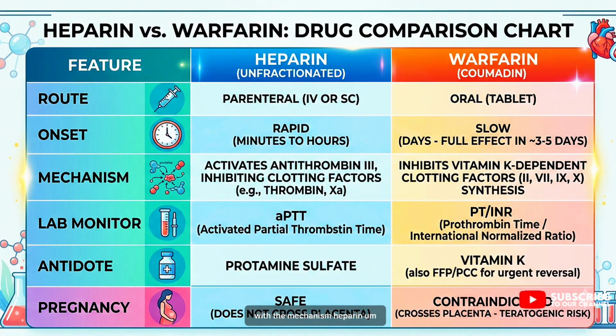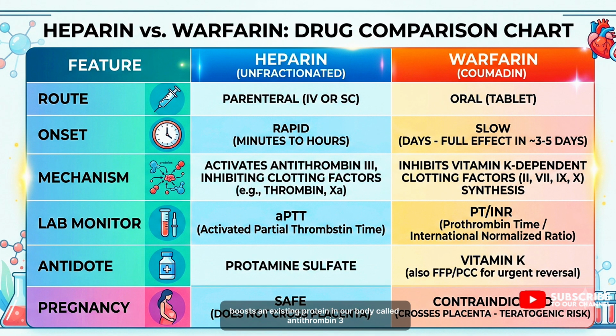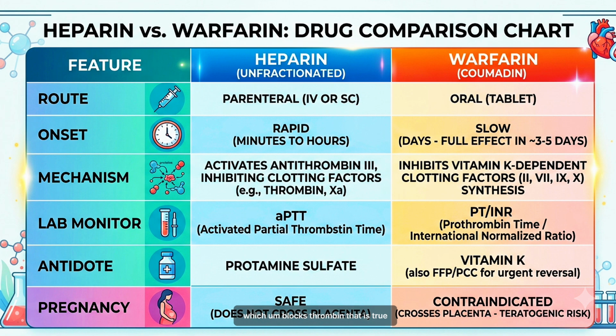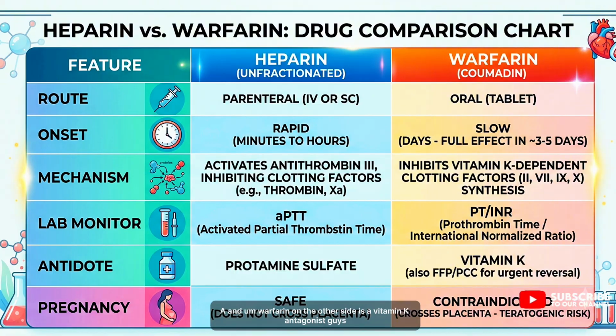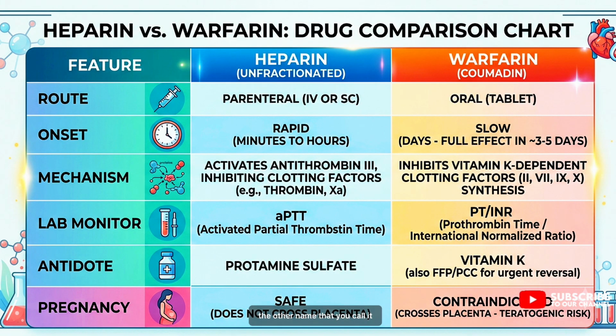With the mechanism, heparin boosts an existing protein in our body called antithrombin III, which blocks thrombin and factor Xa. And warfarin, on the other side, is a vitamin K antagonist, which is the other name they call it.